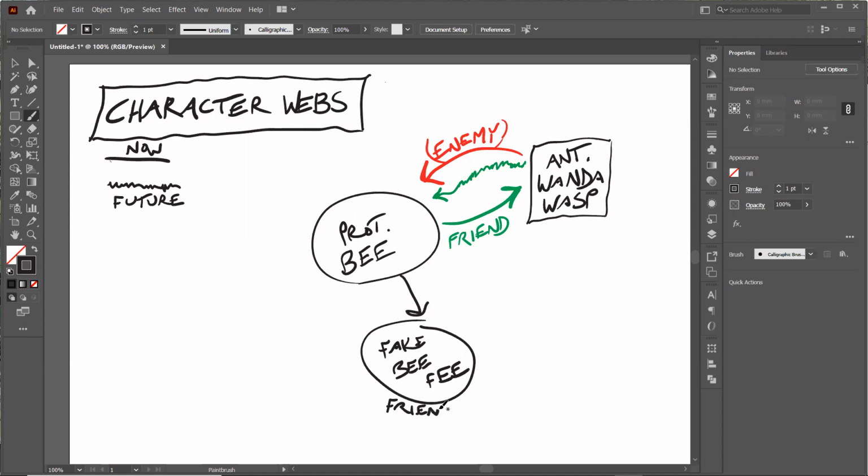Friend. Oh, they're called hoverflies. Hoverflies. Okay. So they are not bees. But let's keep the fake bee. Let's keep the fake bee, yes.